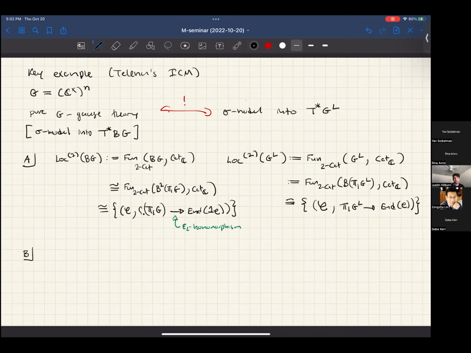And that's actually going to make something that I'm going to do in a second probably not kosher. But basically this is what Teleman says to do in his ICM. But there are some resolutions for the chains on the E2 operad, even quite small.